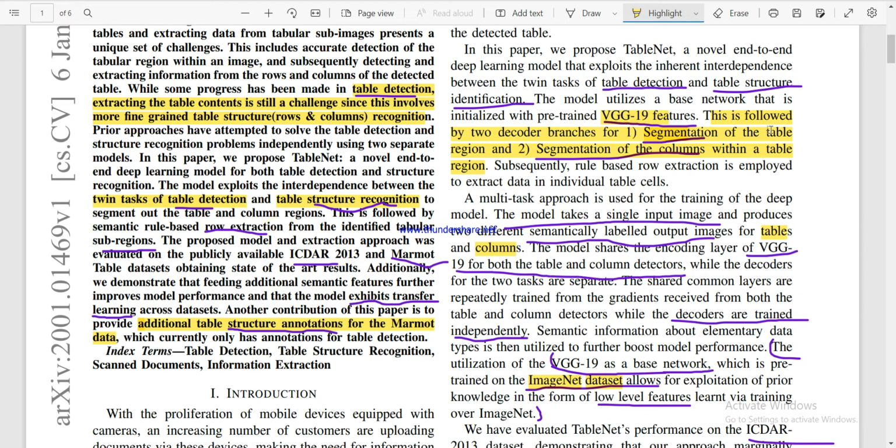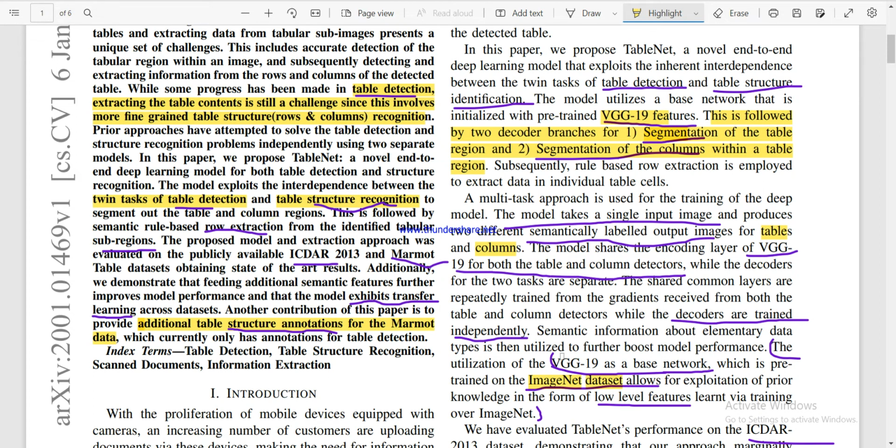The shared common layers are repeatedly trained from the gradient received from both the table and column detector, while the decoders are trained independently.